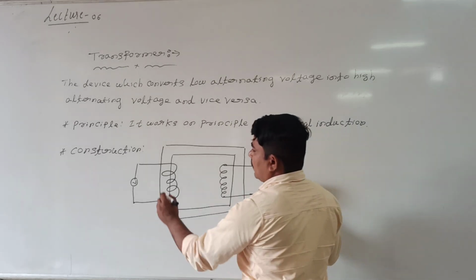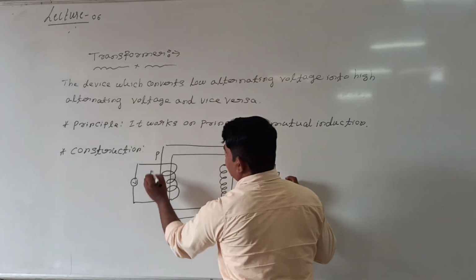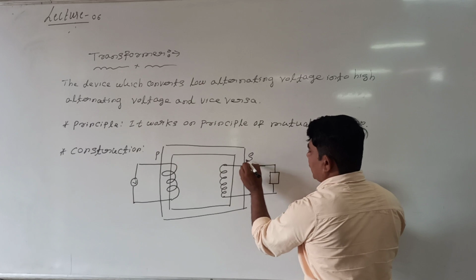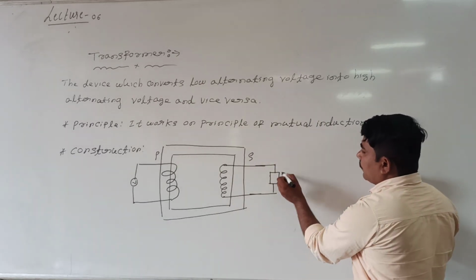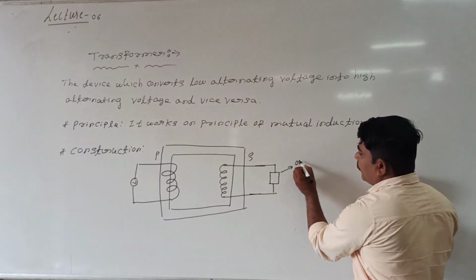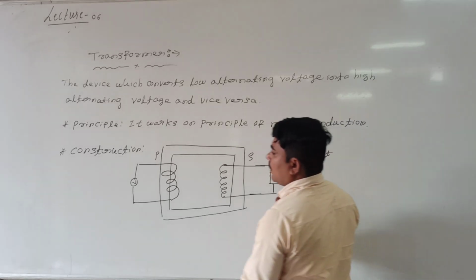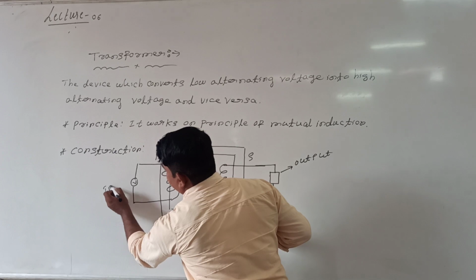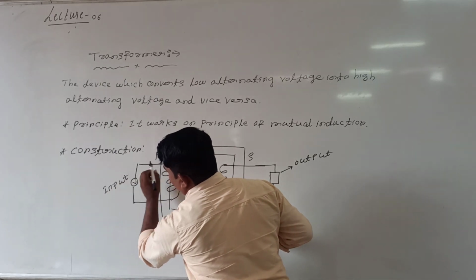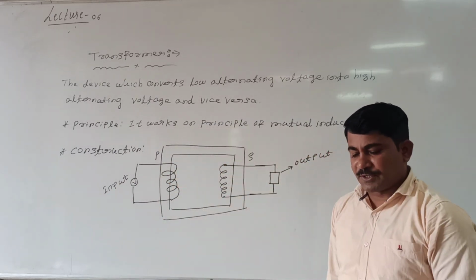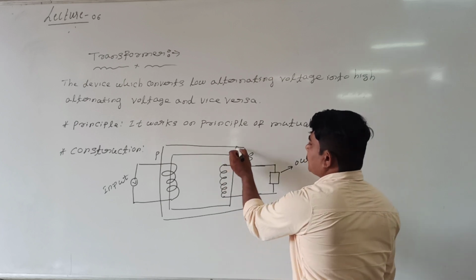See here, this I can call the primary coil, this we can call the secondary coil, and this we are calling the load or output, simply load or output, and this we are calling input. Look at me, how the construction is, and this we are calling soft iron.